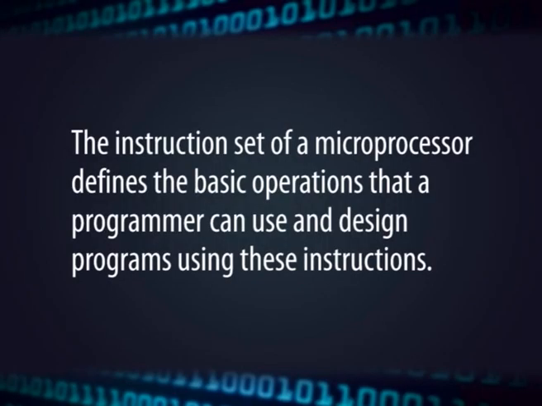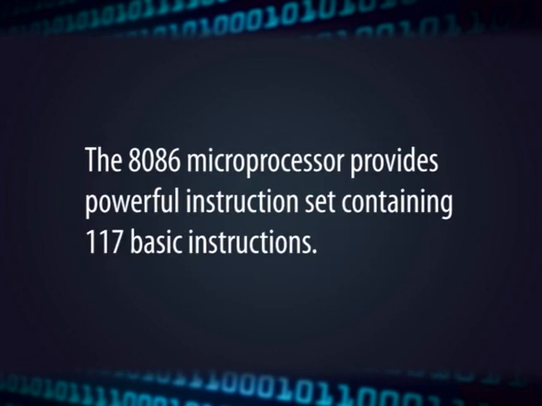The instruction set of a microprocessor defines the basic operations that a programmer can use to design programs. The 8086 microprocessor provides a powerful instruction set containing 117 basic instructions.